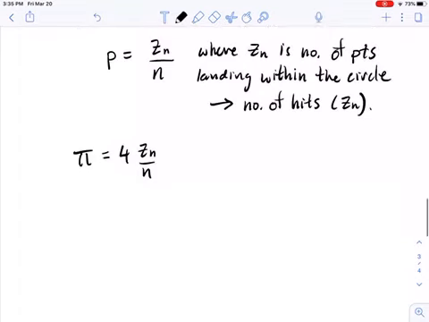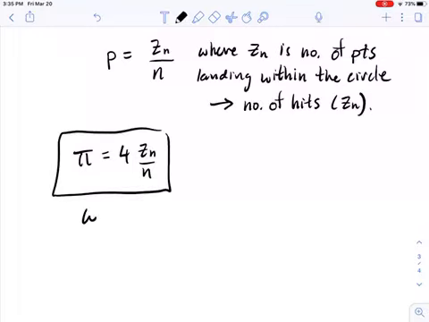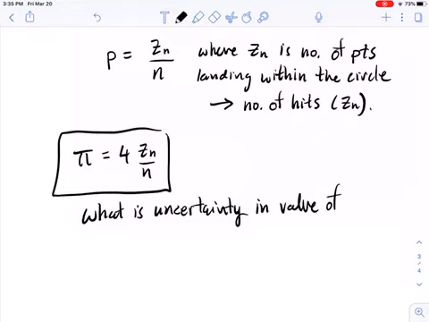Okay, now we could also ask, what is the uncertainty in the value of pi? What we should expect is that the uncertainty in pi should decrease as n increases.